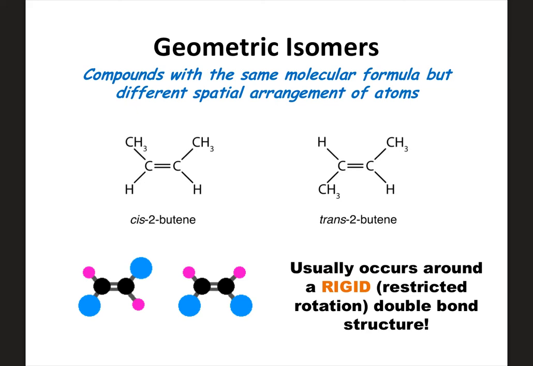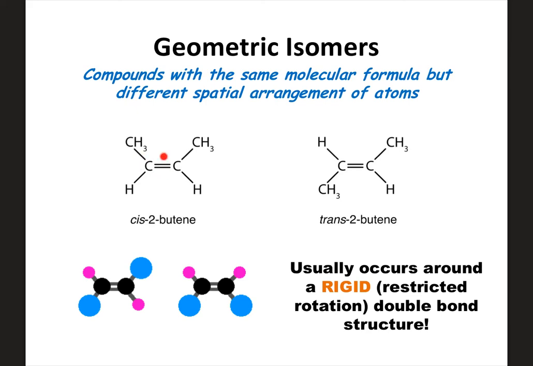You need to understand that this is usually going to occur around double bonds because a double bond is very rigid. It doesn't allow for rotation to take place. If this was a single bond, these atoms could just rotate all they wanted, and you really wouldn't have these opposite sides.